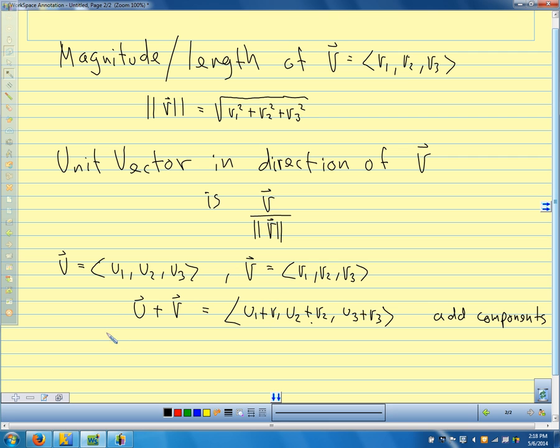And to multiply by a scalar. And the scalar just means a number. So k times u, we multiply each component by the scalar.